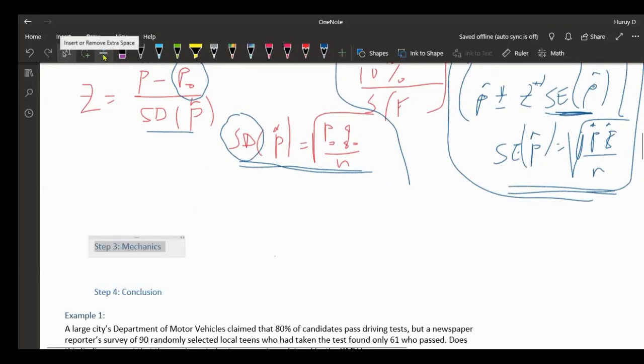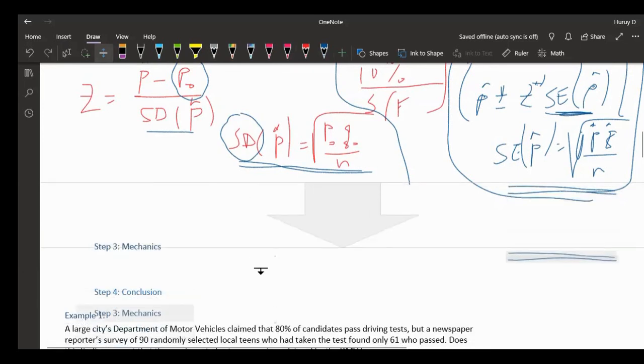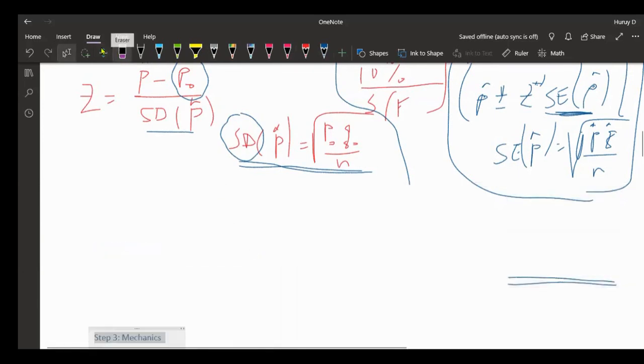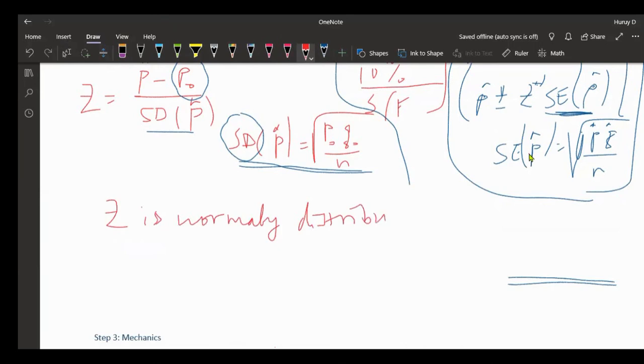So the z is normally distributed, and the model here is the normal model.